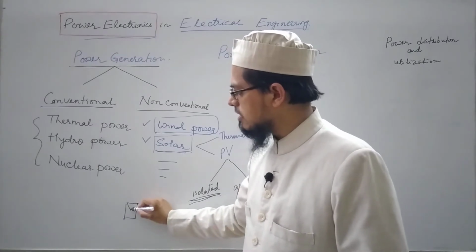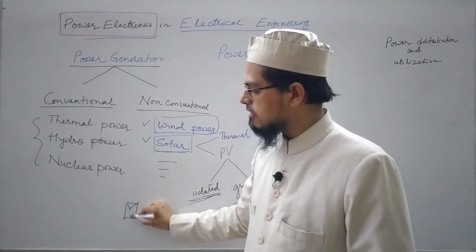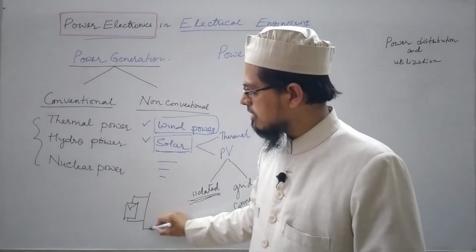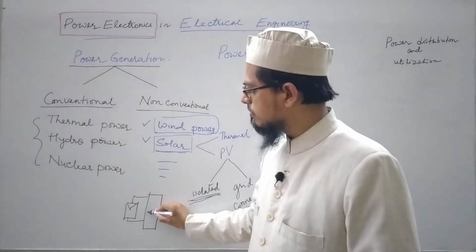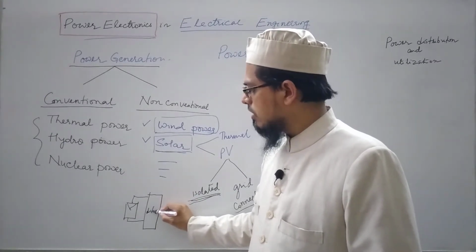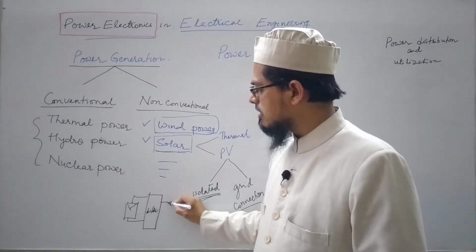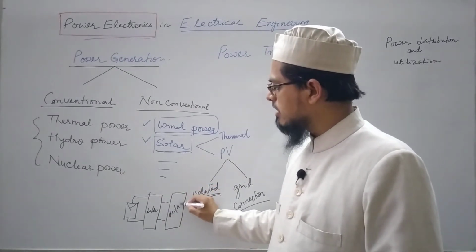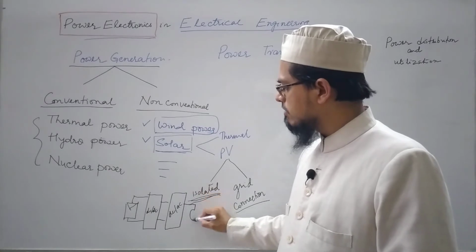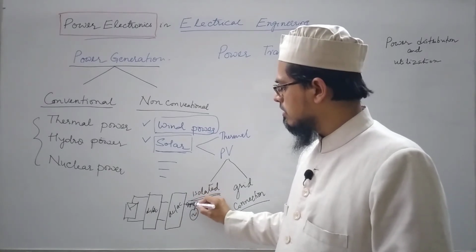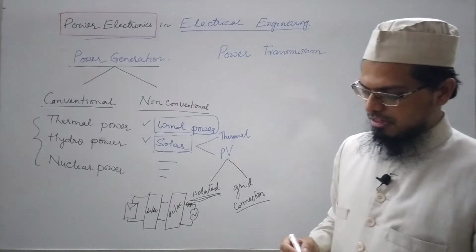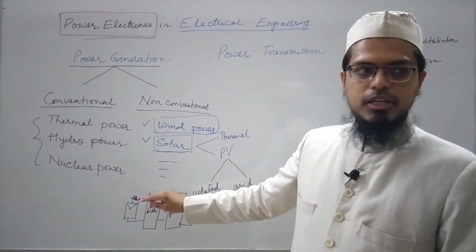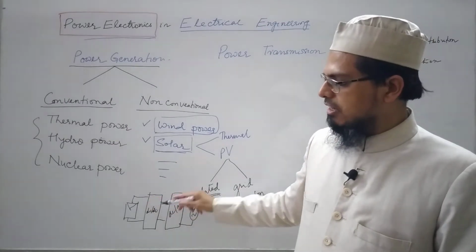There are lots of these panels, and their output first goes to a DC to DC converter, then DC to AC converters are there, and then it is fed to the grid.